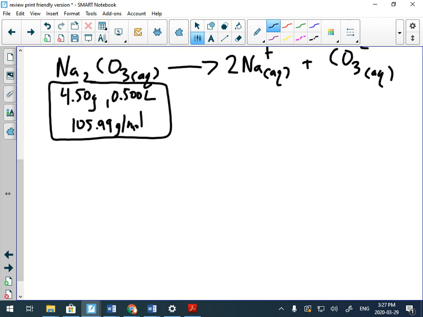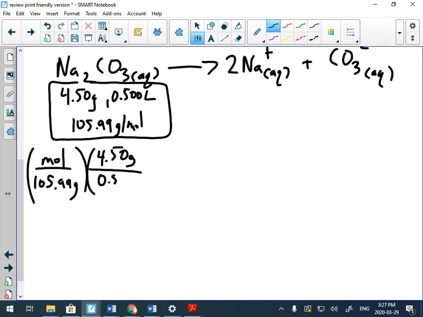So getting moles on top, we'll use the molar mass, but we'll flip it. Mole over 105.99 grams. Grams go on top, cancel out grams, and we need volume on the bottom. So I'm going to put the liter on the bottom. Grams cancel. And now we've got mole per liter.